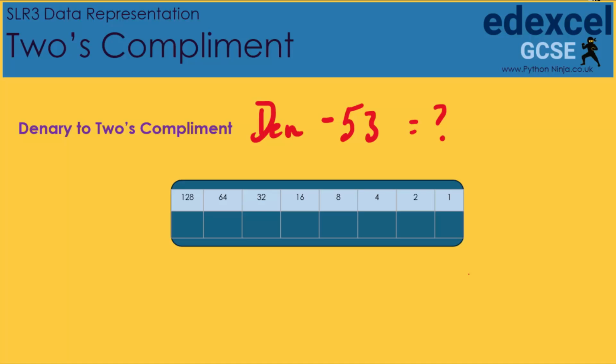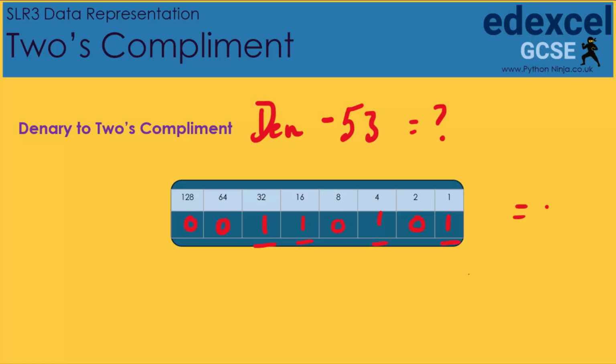Okay, let's do one more. Can you tell me what denary minus 53 is as a signed integer 8-bit binary number? Pause the video and work it out. Okay, let's work out the answer. So we can see that 32 plus 16 is 48, 52, 53.